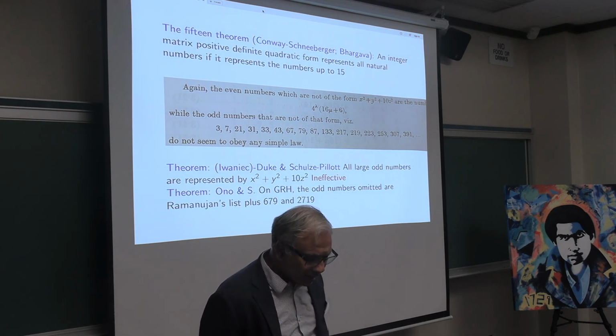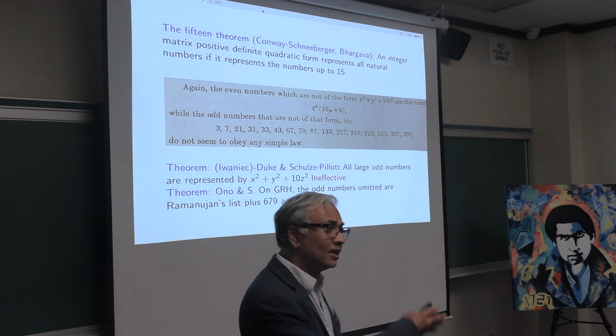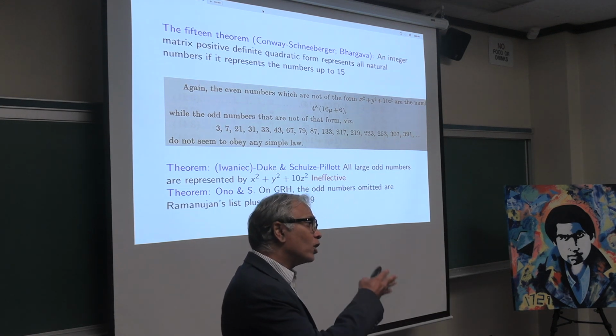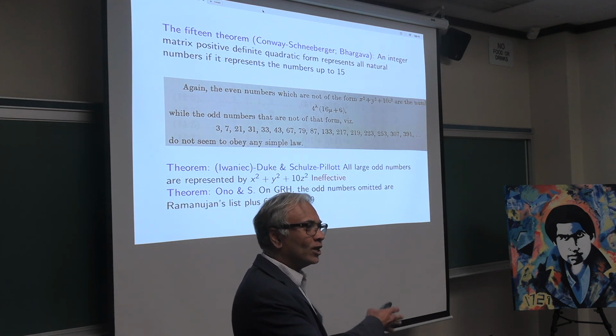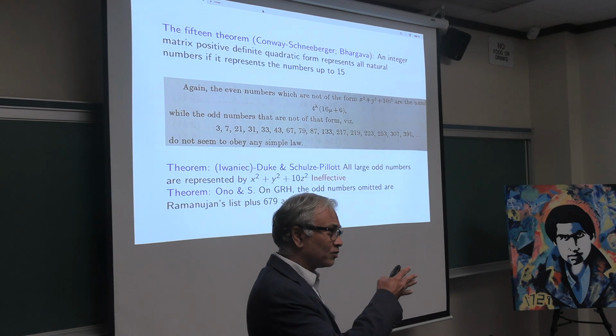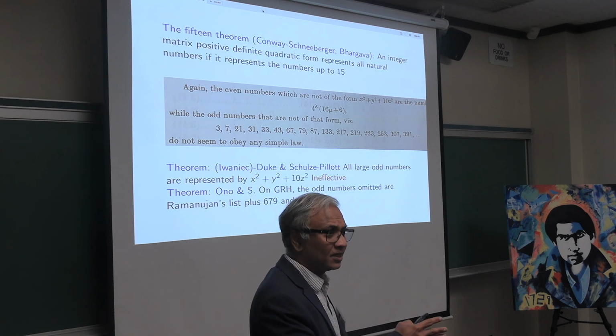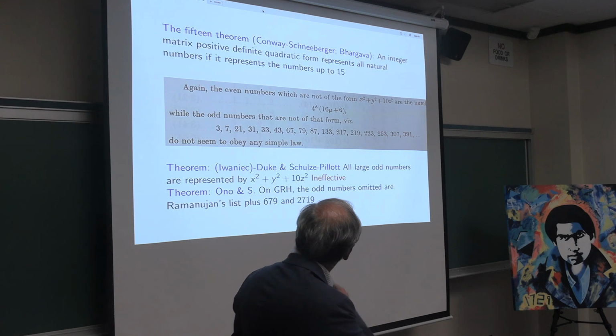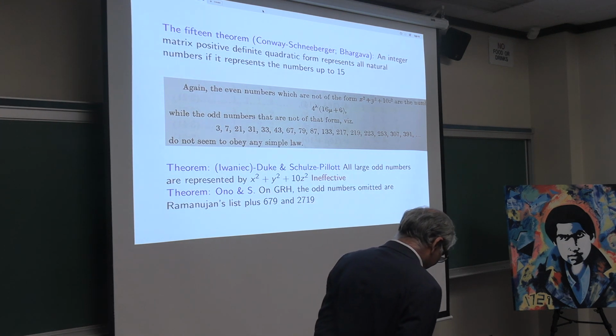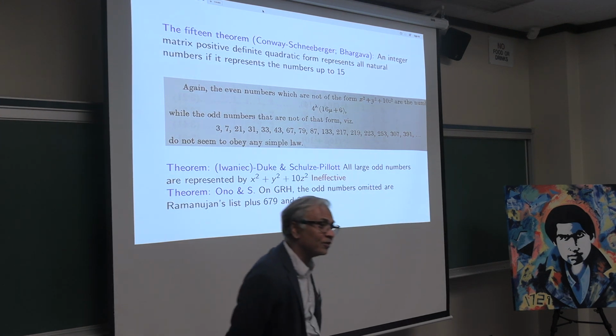It says that if you take one of these forms, like sums of 4 squares, you only have to check that it's true for the numbers from 1 to 15. If it is true for the numbers from 1 to 15, then it's always true. It's an amazing result. And I think Ramanujan would have been absolutely floored by a result of that type.